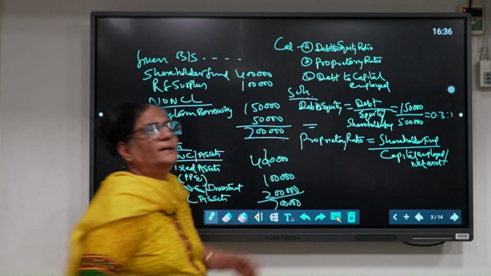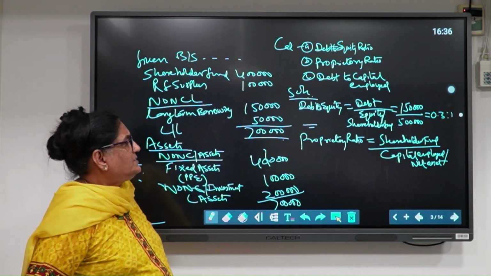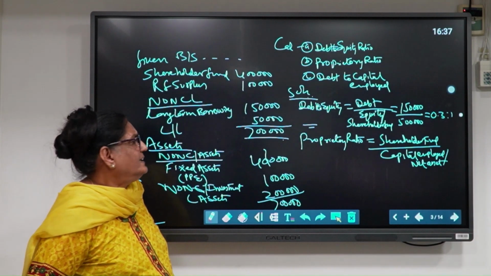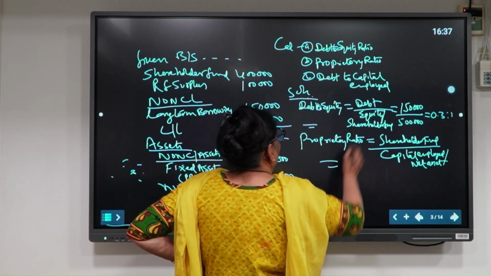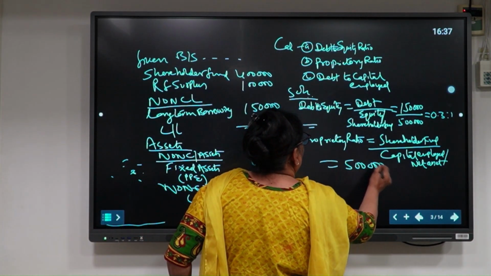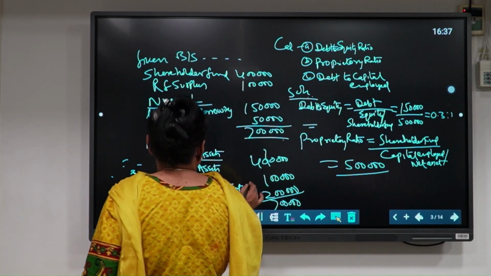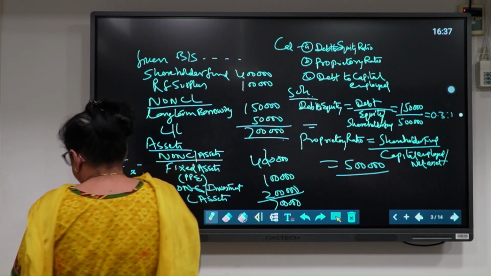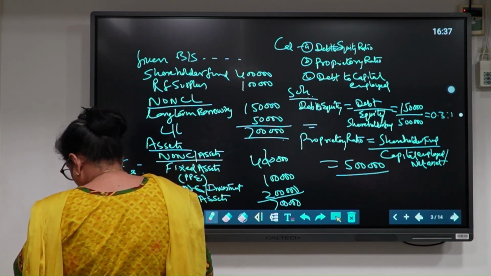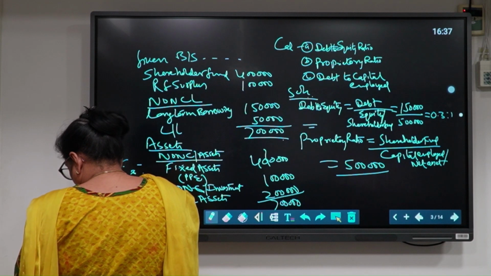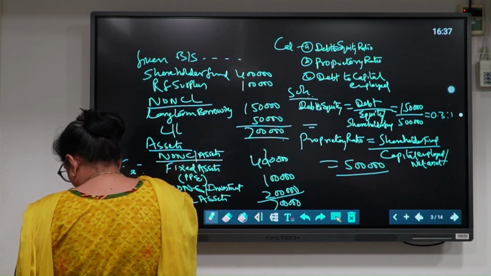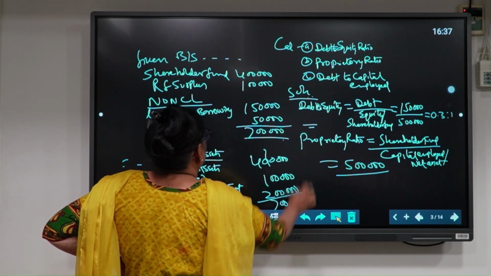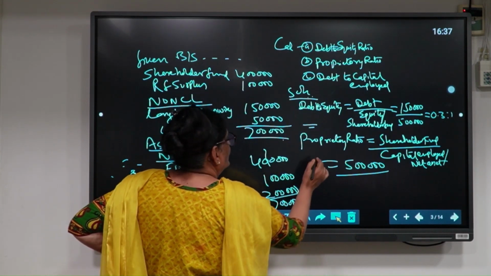So take shareholders fund divided by capital employed, that is nothing but net assets. What is shareholders fund? We have already got it, 5 lakhs. Now capital employed, just see the capital employed. Take the 7 lakhs minus your current liabilities.